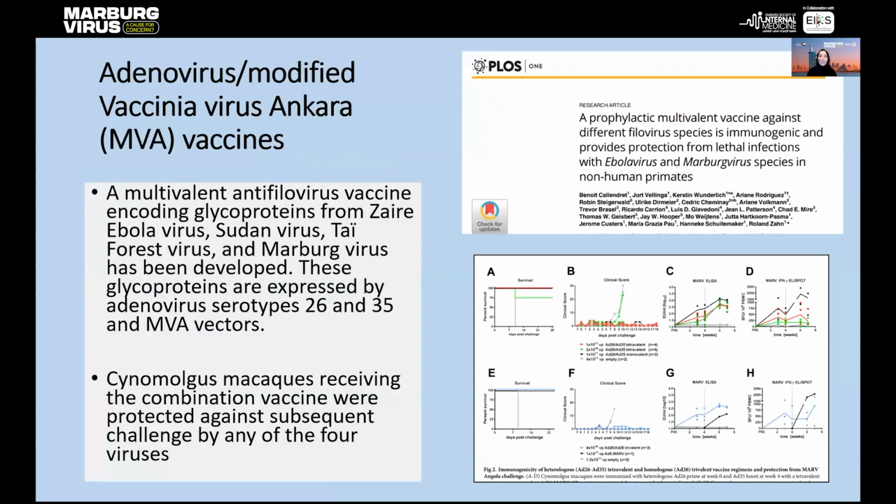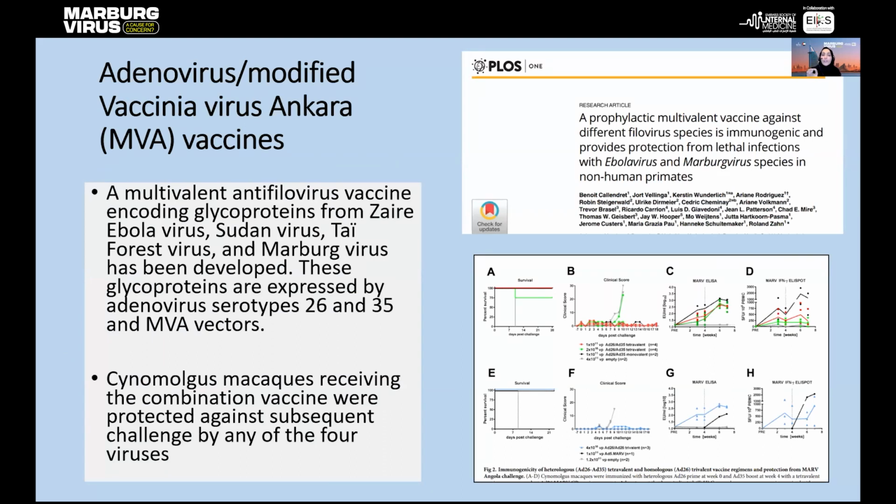There is another vaccine, adenovirus with MVA, the modified vaccinia Ankara vaccine. A multivalent anti-filovirus vaccine encoding the glycoprotein from Zaire Ebola virus, Sudan Ebola virus, Tai Forest virus and Marburg virus has been developed.